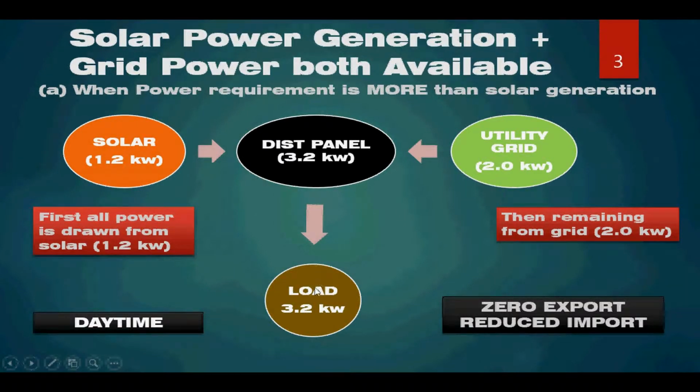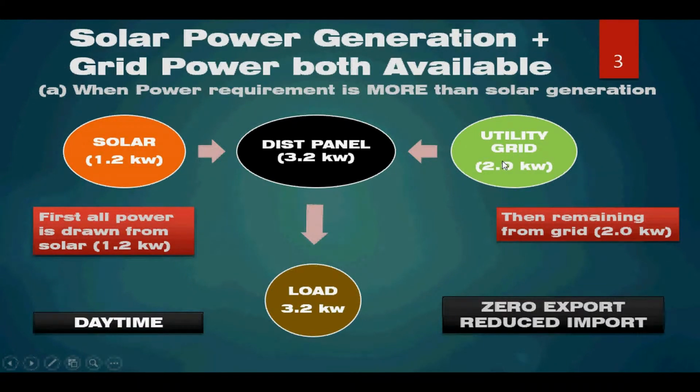So that means that your total load requirement from the utility grid has been reduced to 2.0. Earlier it was 3.2. Now since you have installed a solar plant of 1.2 kilowatt, it has come down to 2.0 kilowatt.